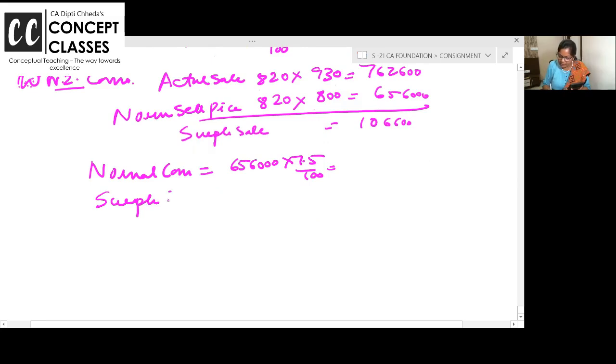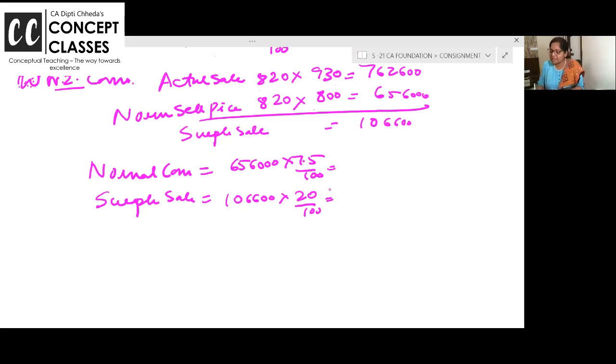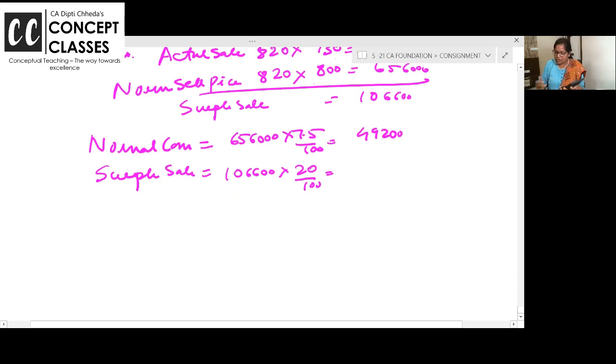And surplus sale 1,06,600 ka 20%. 6,56,000 ka normal sales ka 7.5%. I told you to sell on 800. On 800, I'll give you this commission. Over and above that, whatever is sold, 1,06,600 into 20%.